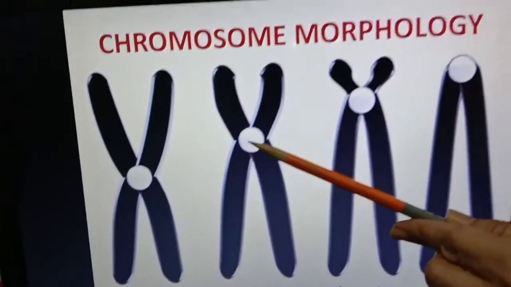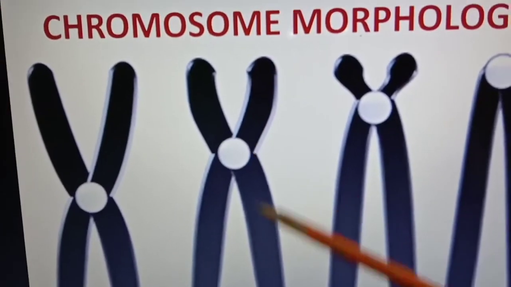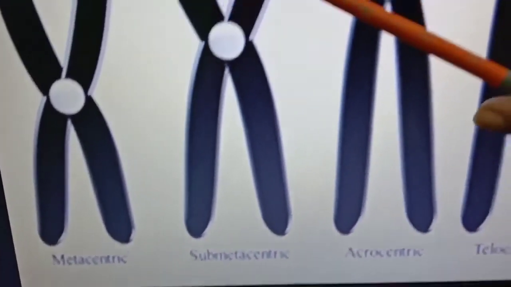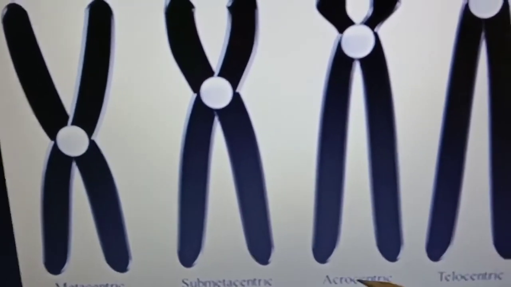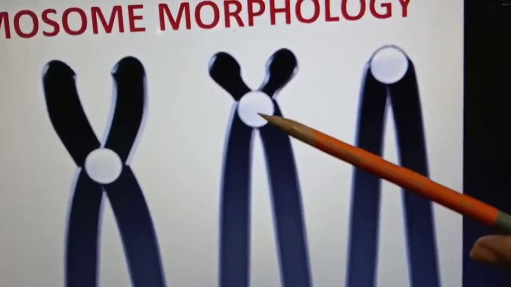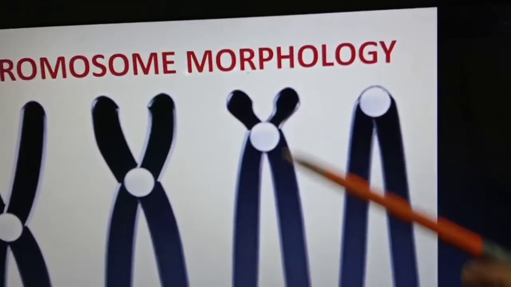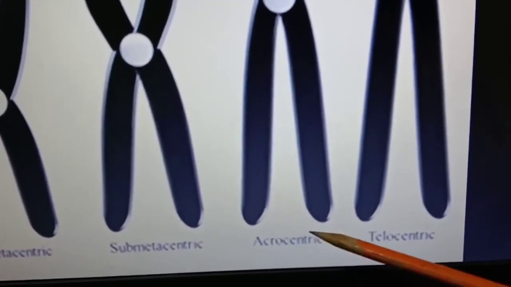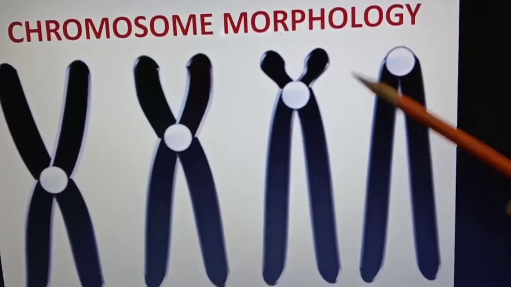When the centromere is little away from the center, it is said to be submetacentric. The P arm is smaller than the Q arm. When the centromere is away from the center towards the end, you call it acrocentric. Generally, acrocentric chromosomes also have satellites.